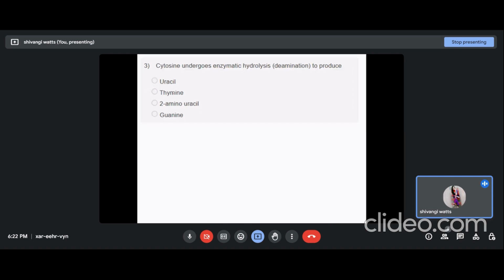So moving to the third question: cytosine under enzymatic hydrolysis produces what? First option is uracil, second is thymine, third is 2-aminouracil, and the fourth option is guanine.